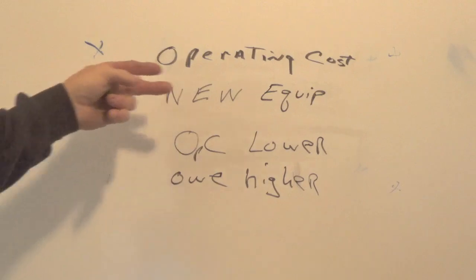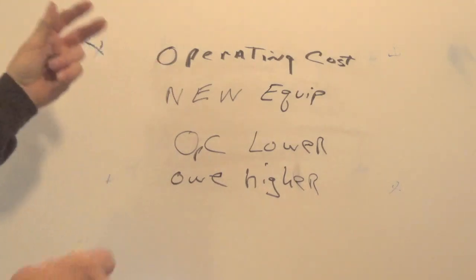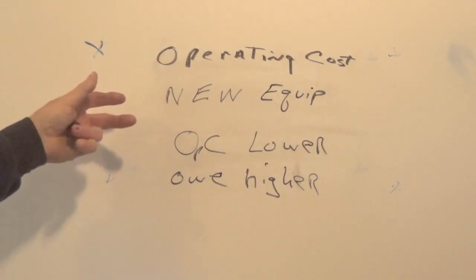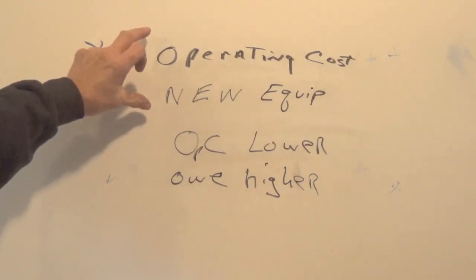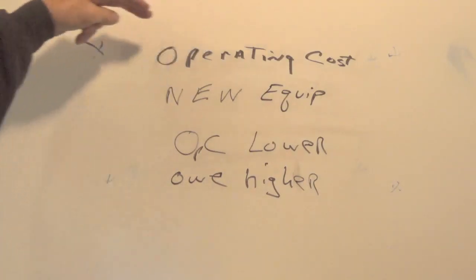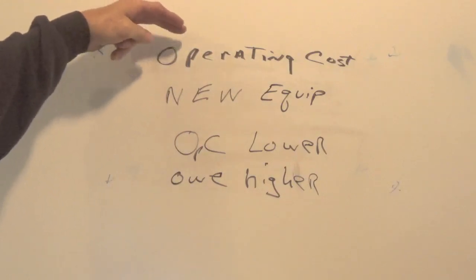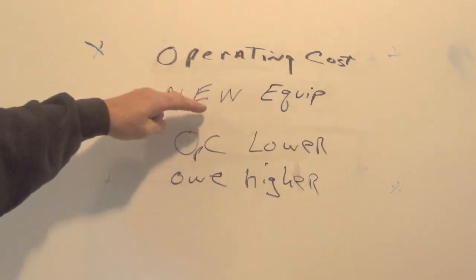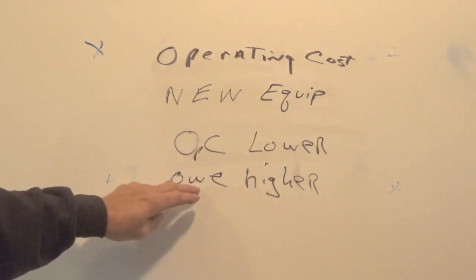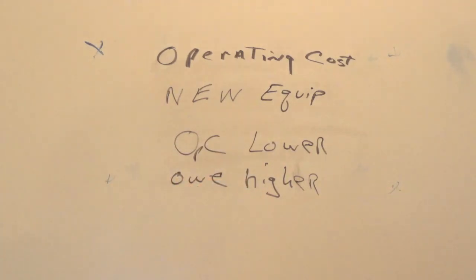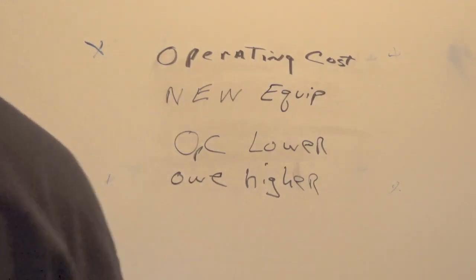You don't need a down payment on equipment that you already own or that is operating because it's already been paid for. So again, operating costs are the cost of making it do what you bought it for. On new equipment, the operating costs are lower, but the ownership costs are higher. Think about that for a little bit, okay?